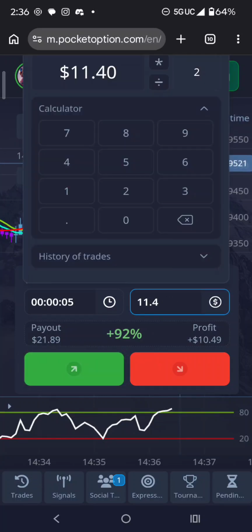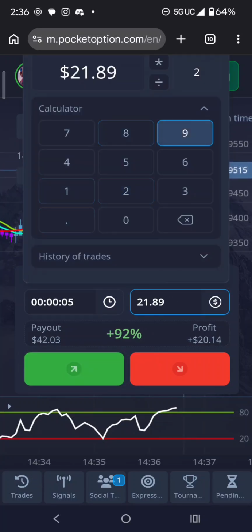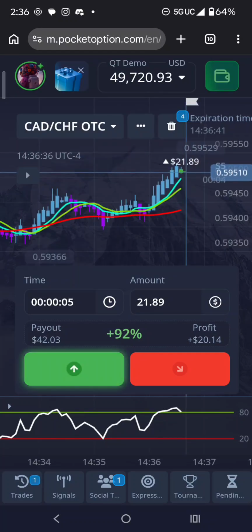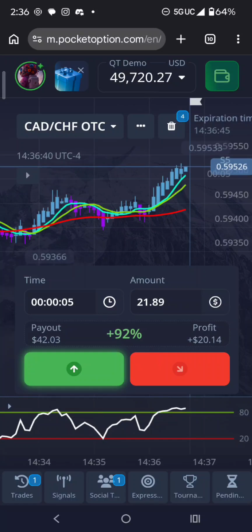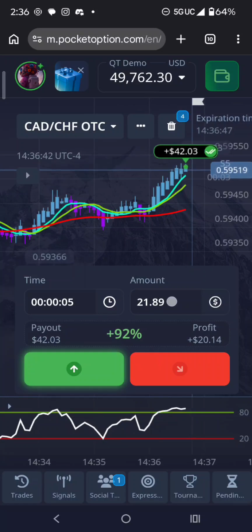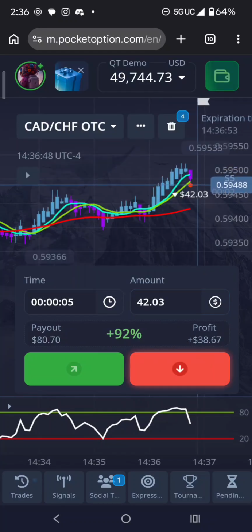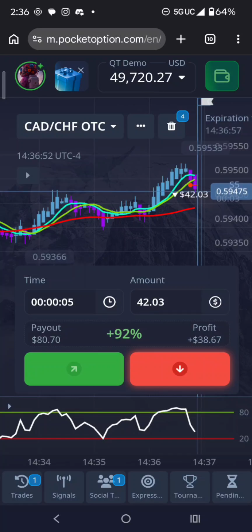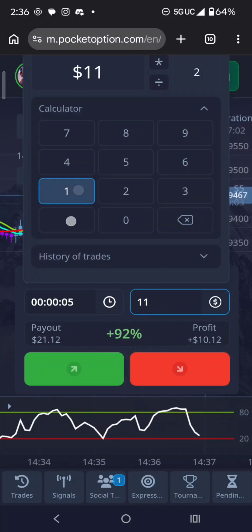I wouldn't recommend the 5-second at all, because it's very volatile in terms of the expiration. And then the next one is 42.03. Done. So that's a completed ladder, 11.4.